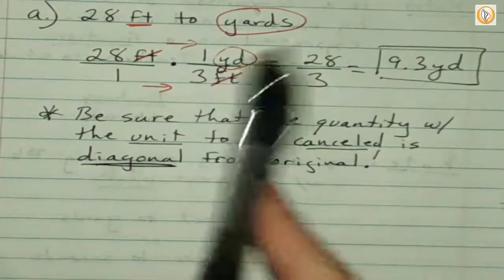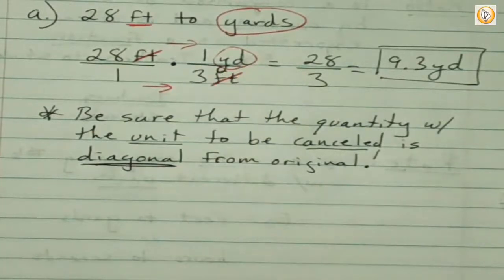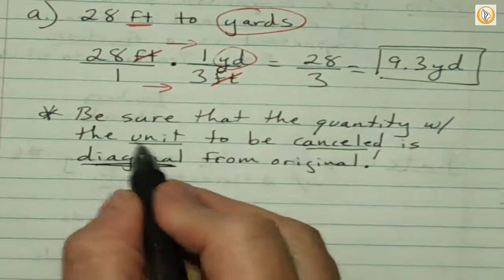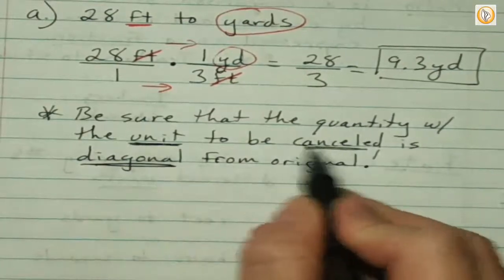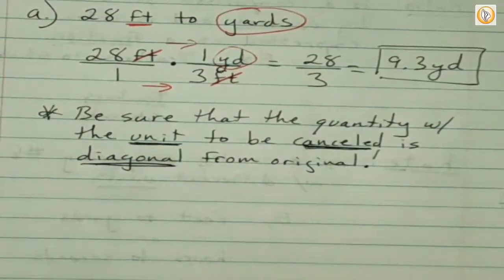In this case, it's in the denominator, but we're going to be doing examples where it could be top, bottom, everywhere. So make sure that the quantity with the unit to be canceled is diagonal. The only way to cancel a unit, move from one to another, is to have it diagonal.